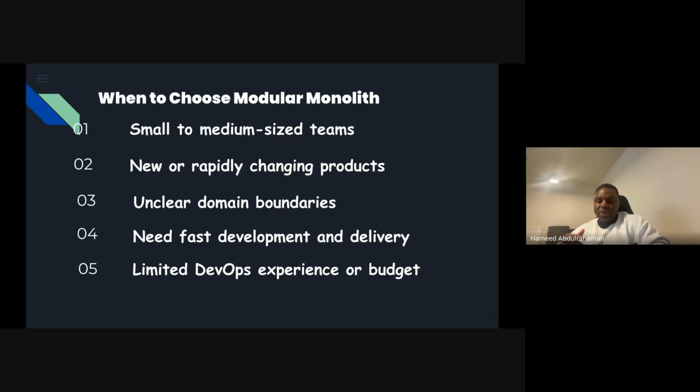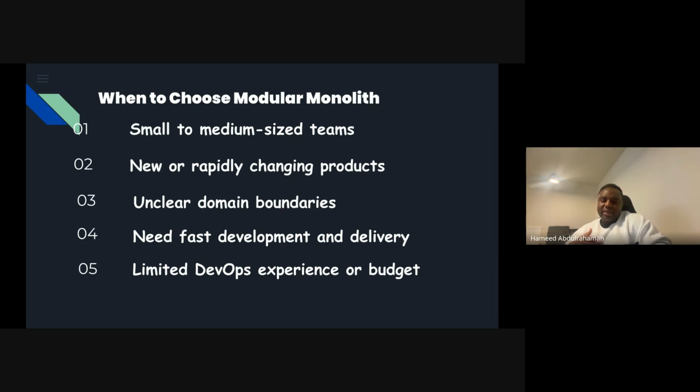Since everything is housed in one place, you have your services, your repository, your controllers, and you can easily add new functions that resolve whatever feature you're trying to take to the market. So it's easier to do fast development and deliver to your customers.